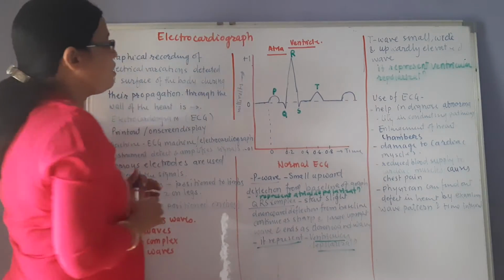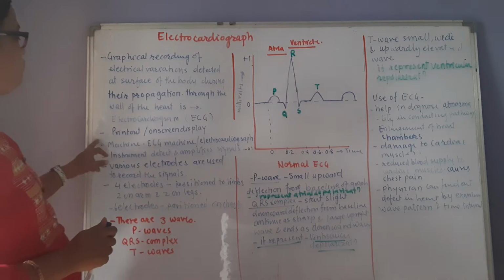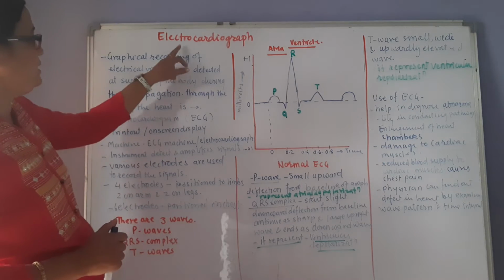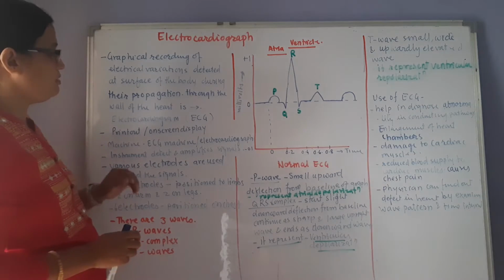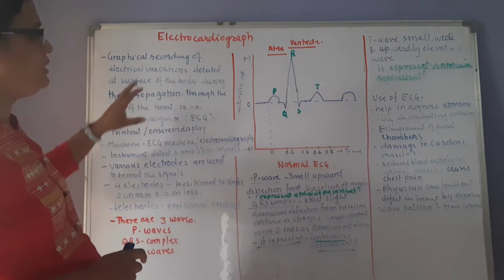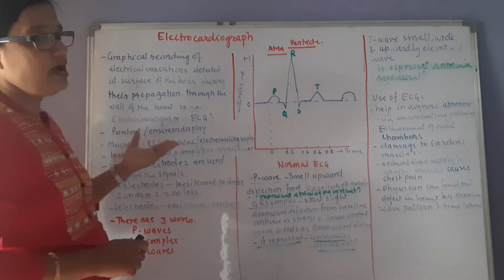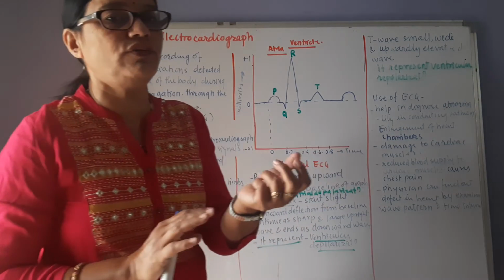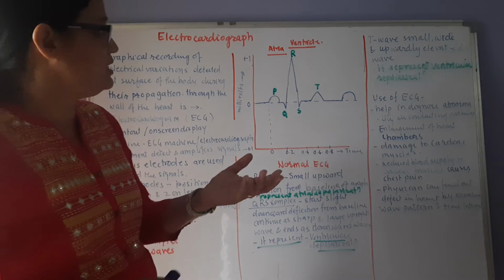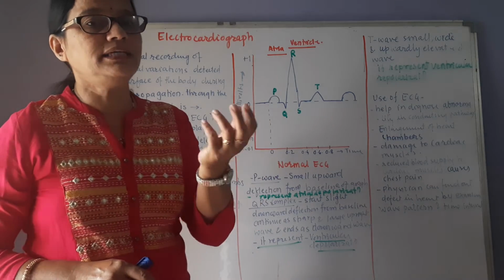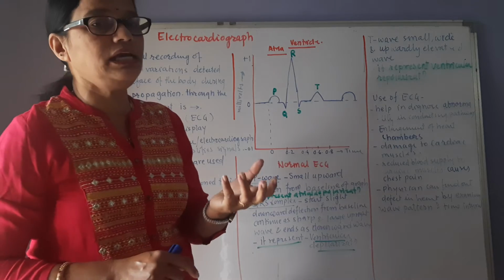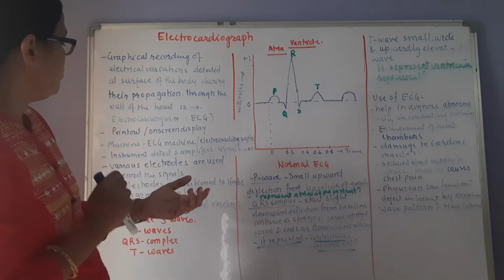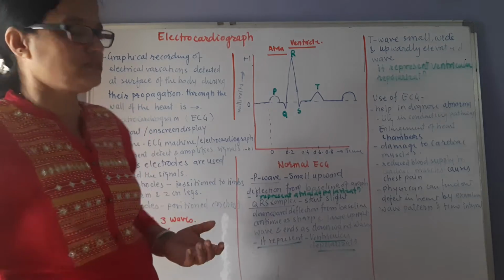Whatever the printout is getting, or if you are observing it displayed on the screen, that is called the electrocardiogram. So let us understand how it is represented. When the heart's beating occurs, pulses are coming to the different veins and arteries, and that is recorded by the electrodes, which are positioned at different sides.